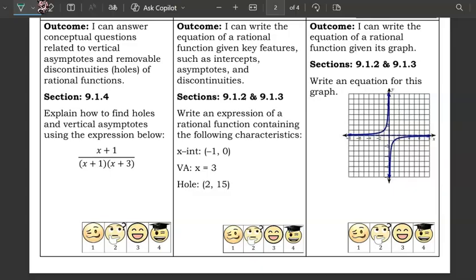Outcome: I can answer conceptual questions related to vertical asymptotes and removable discontinuities, holes, of rational functions. Explain how to find holes and vertical asymptotes using the expression below: x plus 1 over x plus 1 times x plus 3. This would be a hole.